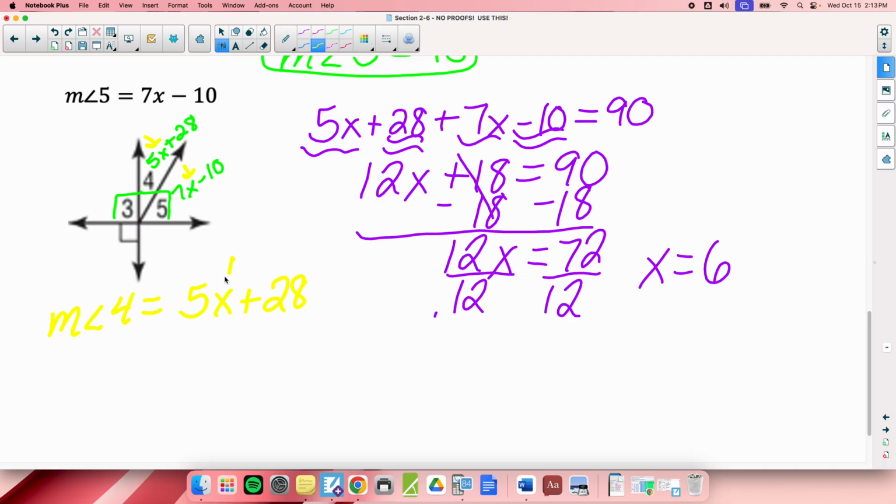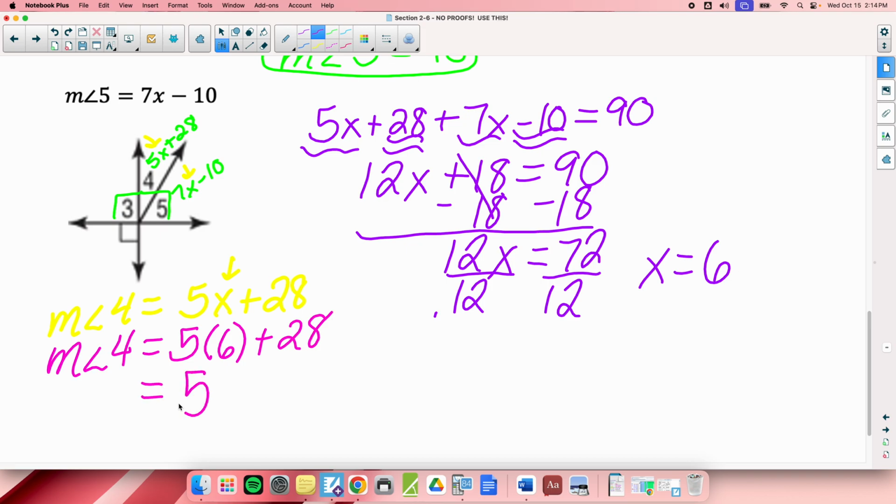And if I put 6 in there, it would be 5 times 6 plus 28, which is 58, like you guys are saying, okay? So that's another of my answers. And now what I want to do is find angle 5.